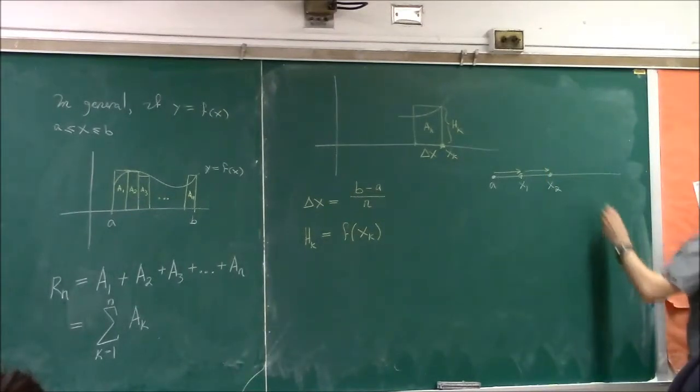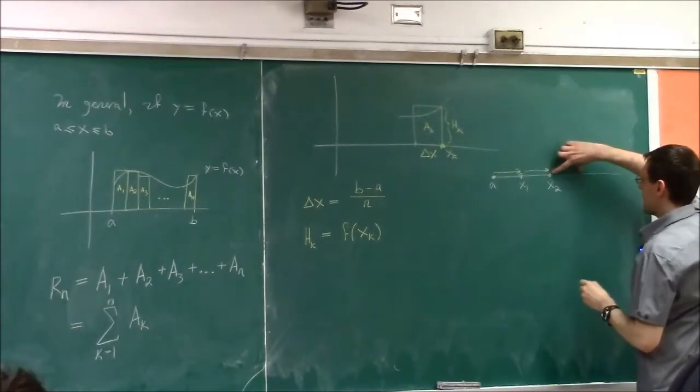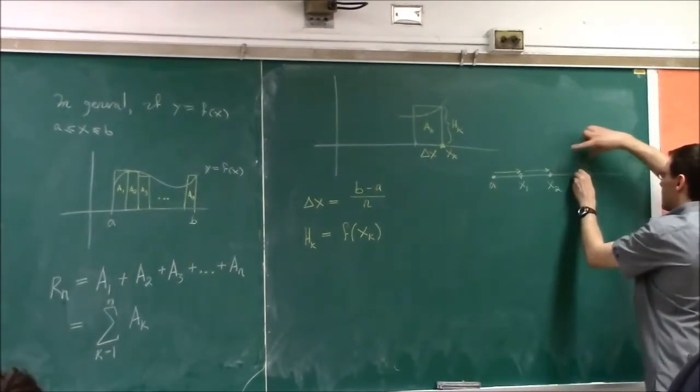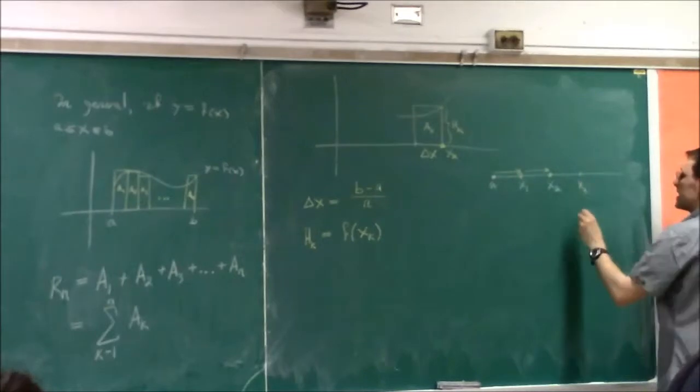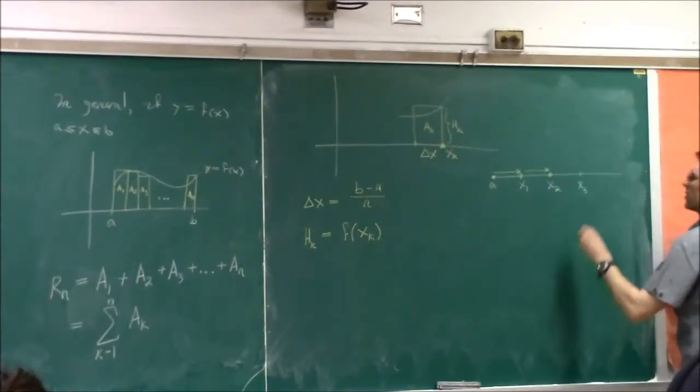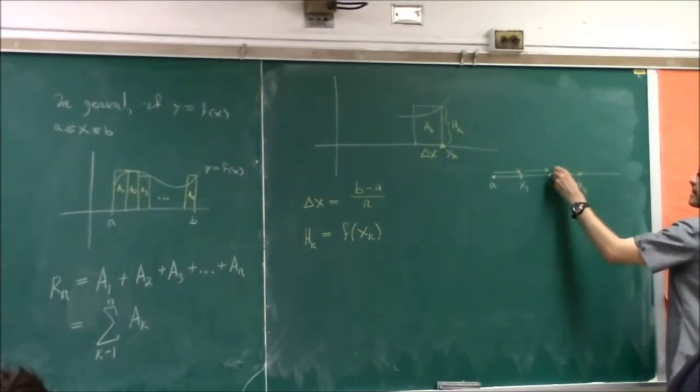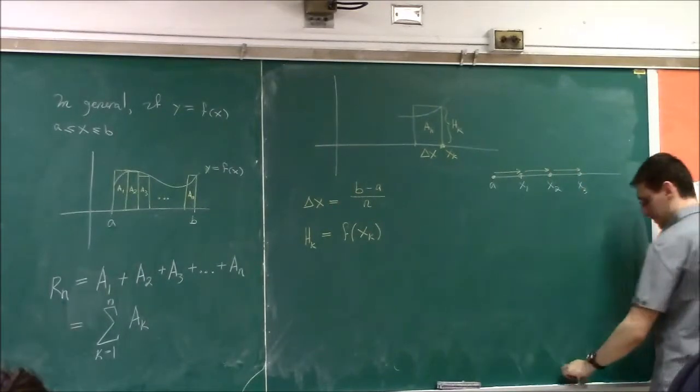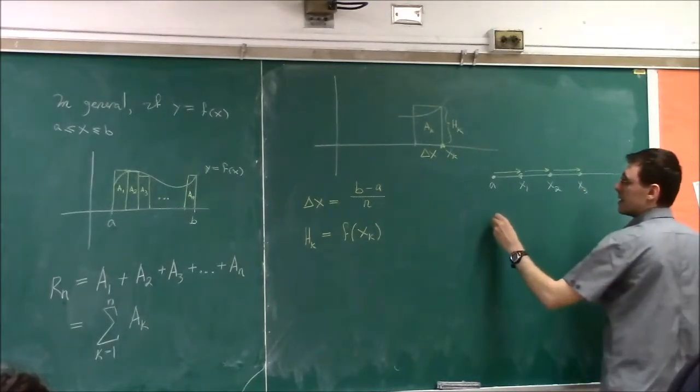And next is x3, so on and so forth. What can you see is x1?